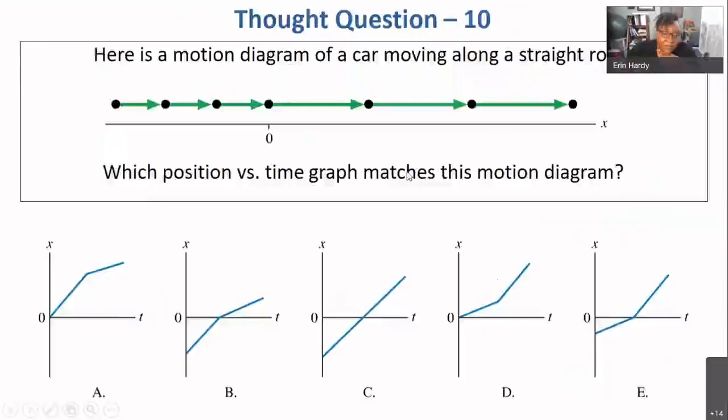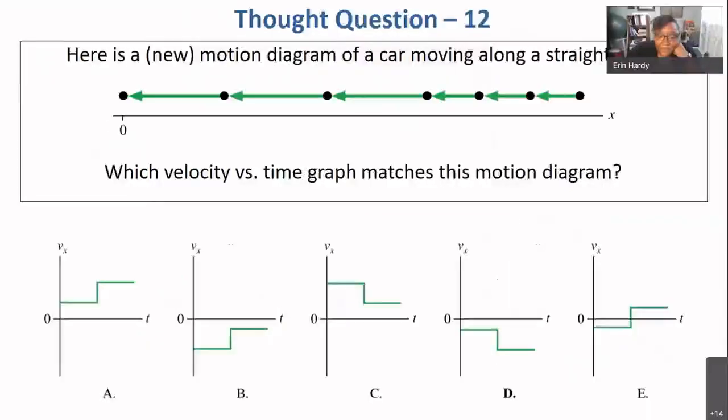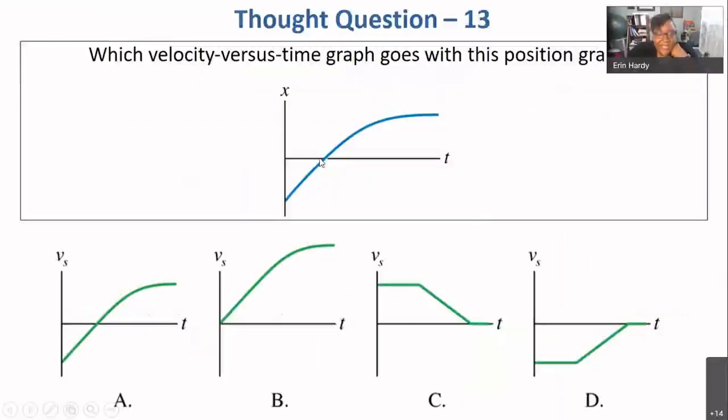So we did a few of these thought questions where we were linking motion diagrams to velocity graphs. Then we have a motion diagram. This is another motion diagram to a velocity graph, but here we have a position graph that we were going to turn into a velocity graph.